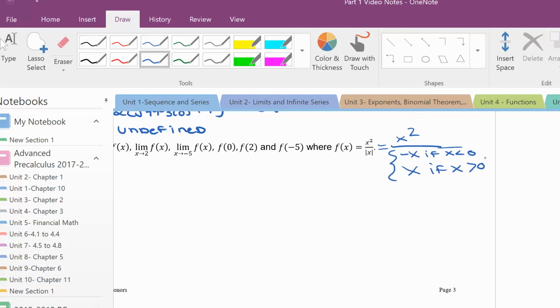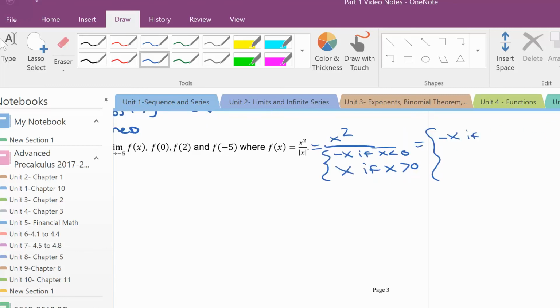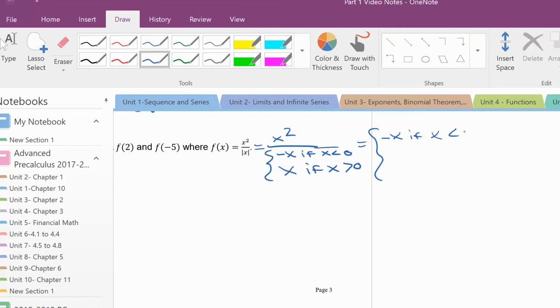And you know x can't be 0 because the denominator can't be 0. So then if you simplify by dividing, you get negative x if x is less than 0, and x if x is greater than 0.